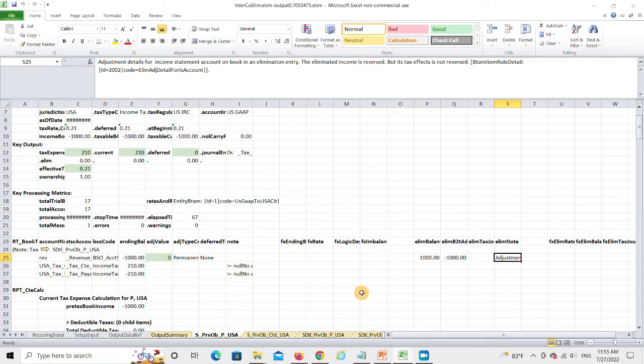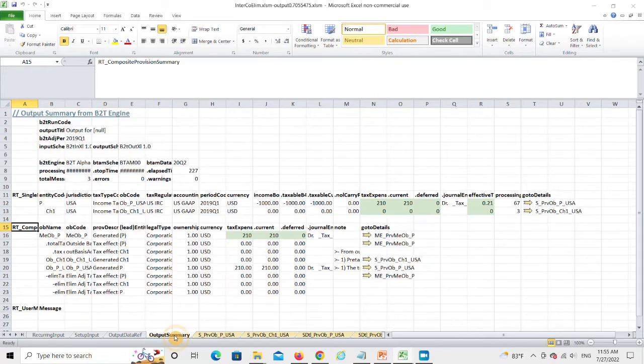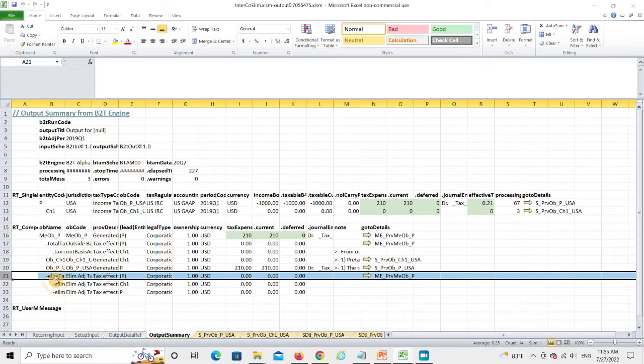So therefore, if we go back to the output summary, the book income of the group is simply the summation of the individual separate return provision calculations, but for the elimination in the group calculation, there is really not any, okay?